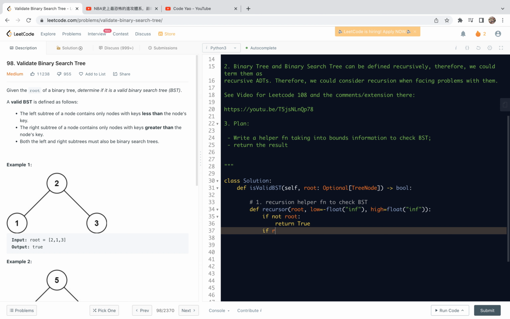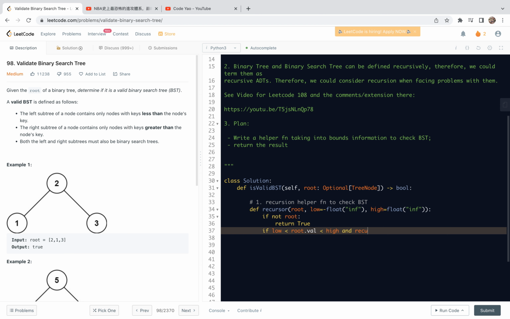First, the root value should be larger than the low and smaller than the high. If this is the case, it's possible for the tree represented by the root to be a valid binary search tree. And also we need to check its left subtree and right subtree. In other words, recursion comes into play here.